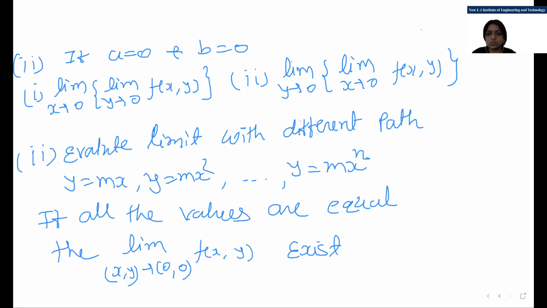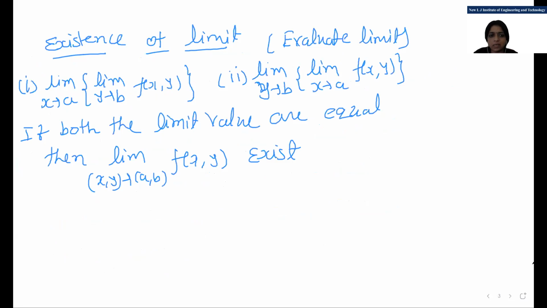Okay, so students, this rule is the most important rule for you. So again I repeat, first rule for the evaluation of the limit: if your a and b are not the origin, they may be 1, 2, 3, 4, minus 1, minus 2, any number but not origin, then first you have to find limit y tends to b for your function f of xy, and then whatever answer you get, you have to apply limit x tends to a.